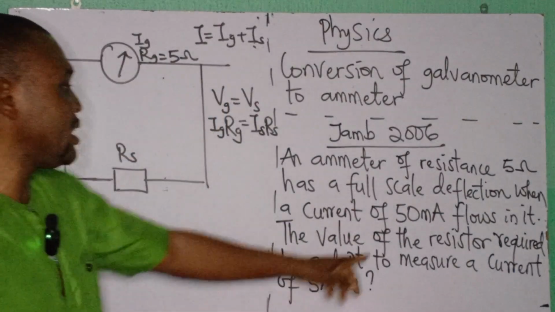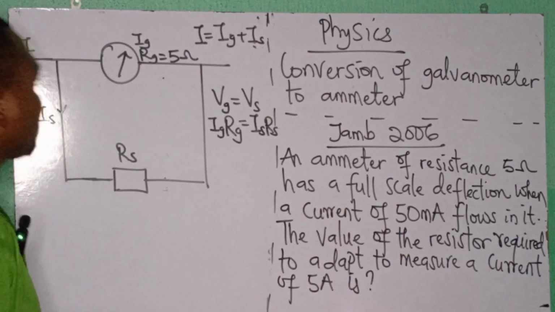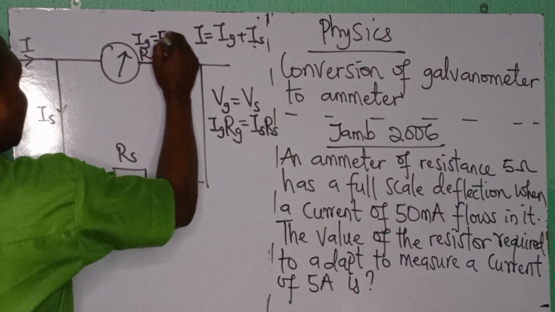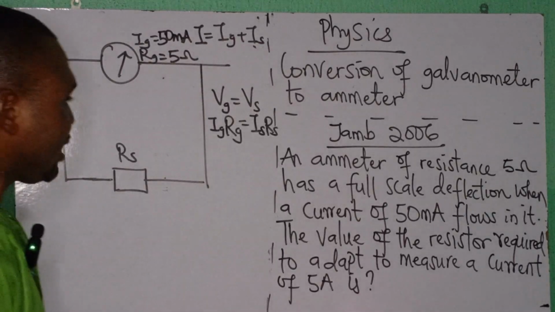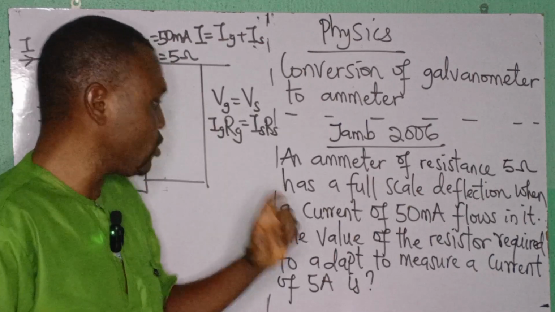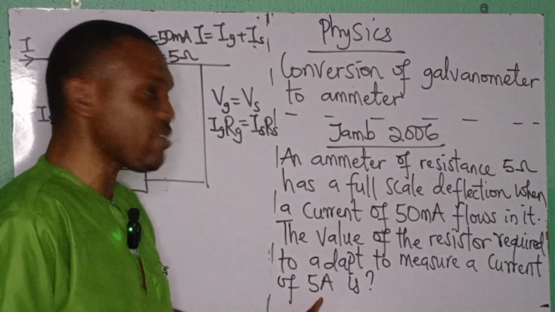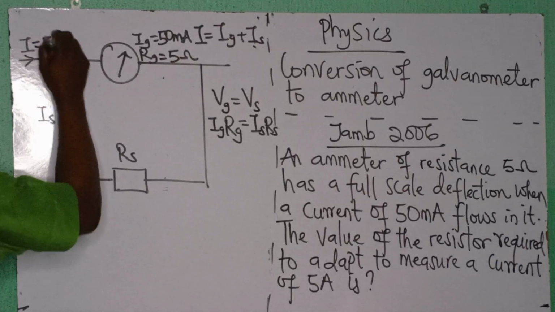This is the galvanometer current, so I'm going to write IG as 50 milliampere. Now, the resistor required to measure a current of 5 ampere: the 5 ampere here is the total current.